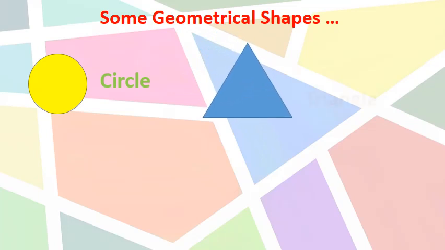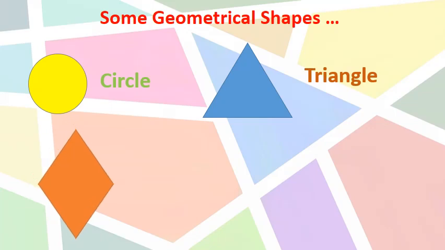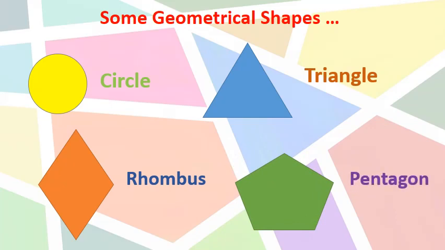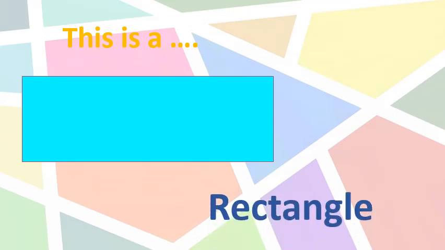This is a triangle. This is a rhombus. This is a pentagon. Now, what is this shape? This shape is a rectangle, and this lesson is about the rectangle.